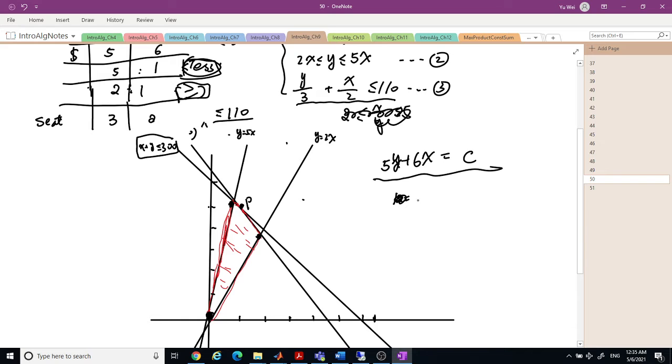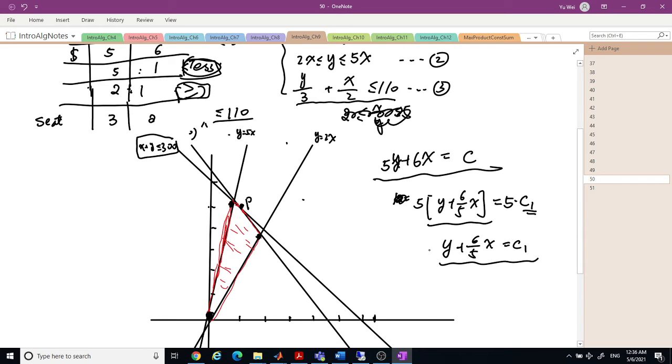So y plus 6 over 5 of x equals c1, where c1 is this value divided by 5.